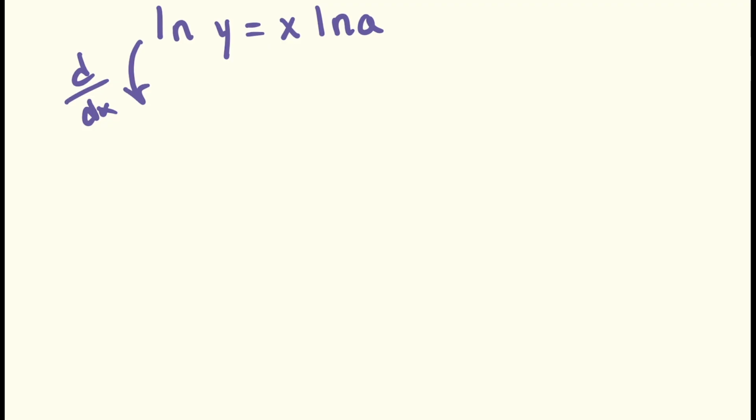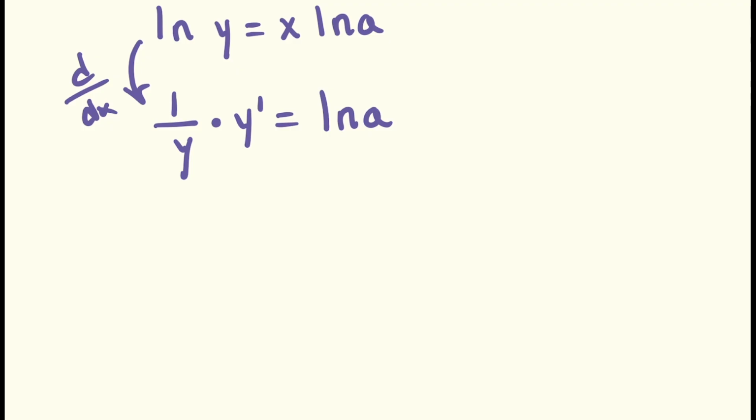So the derivative of natural log of anything is 1 over that thing, so 1 over y, and then we're going to times that by y prime. On the right-hand side of our equation, the derivative of x times a constant is just going to be that constant. Remember that natural log of a, because a is just some number, is just some number as well.